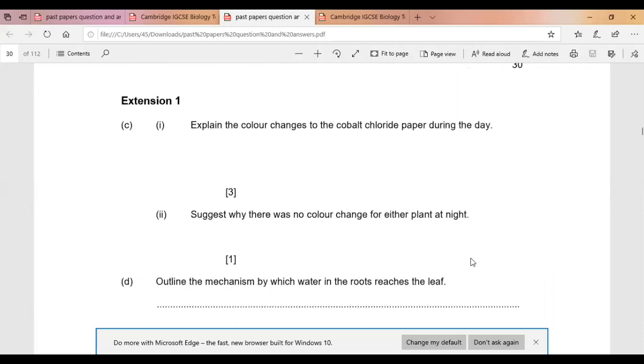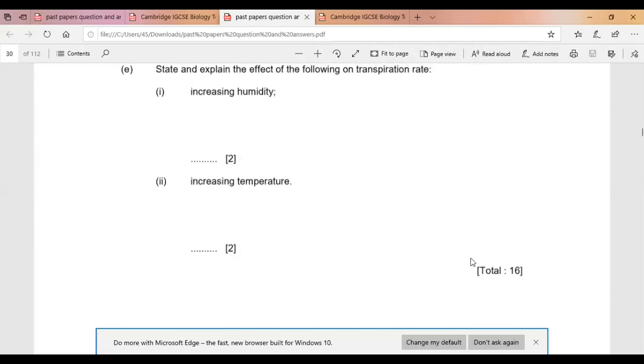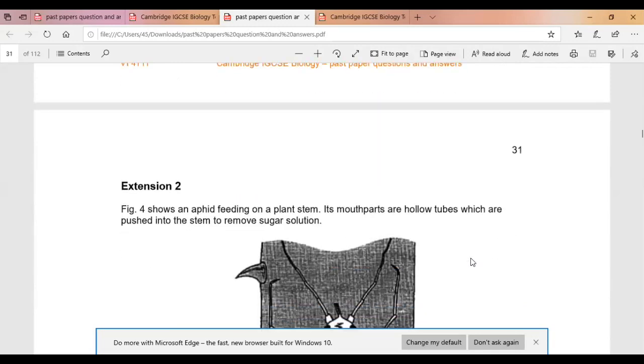So when the paper changes to cobalt chloride, then this time you have another question here.